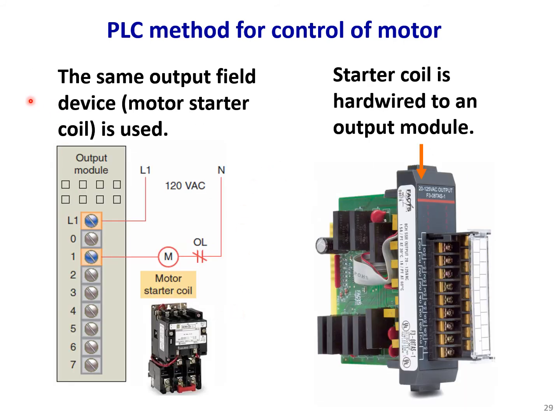For the output module, the same output field device, motor starter coil, is used. So we only have one output, and that output is connected to the output module of the PLC. And the starter coil is hardwired to an output module. This is the output module of this specific PLC in this example.